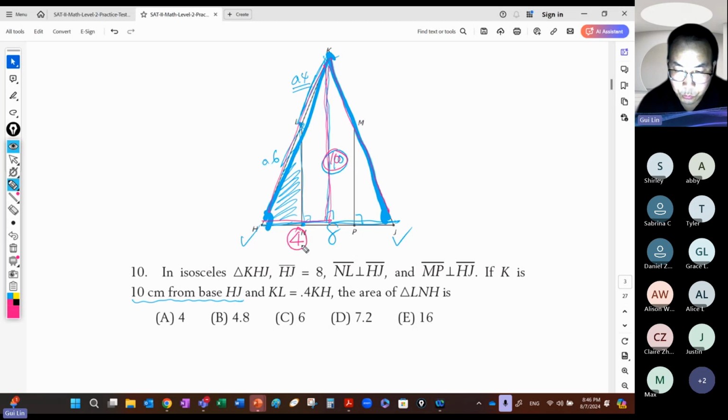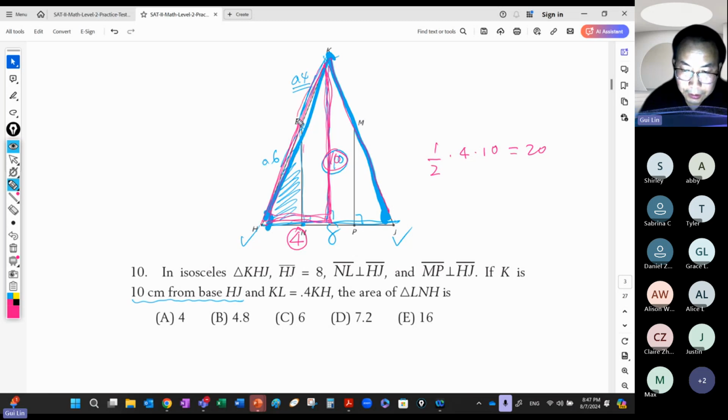So here's 10, here's 4. So this area would be half of 4 times 10, so equal to 20. Right? Okay.